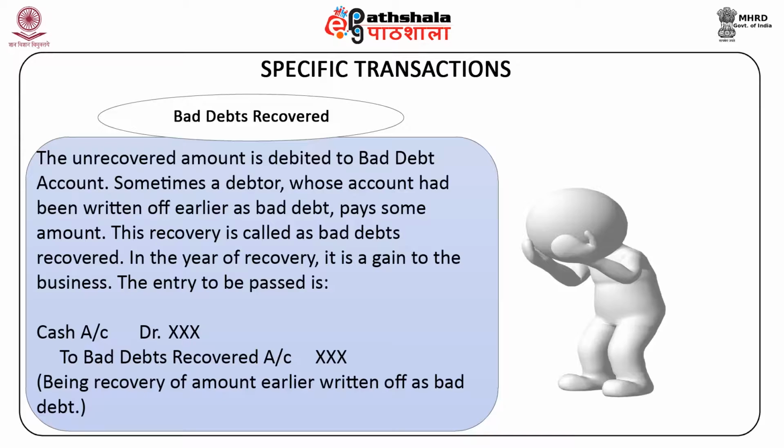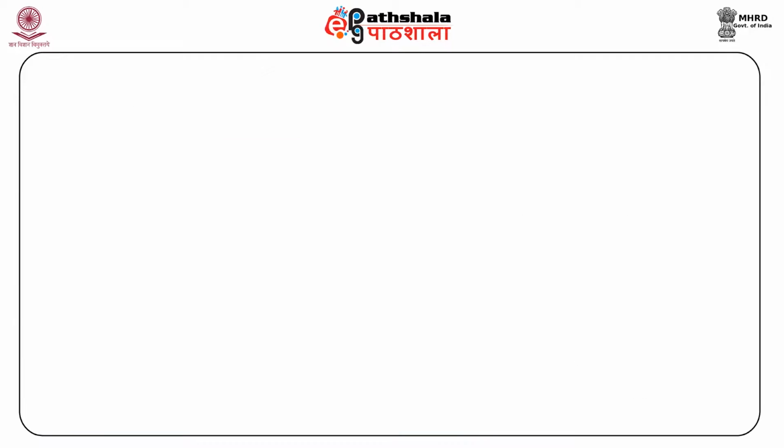In the year of recovery, it is a gain to the business. The entry to be passed is cash account debit to the credit of bad debt recovered account, being recovery of amount earlier written off as bad debt.